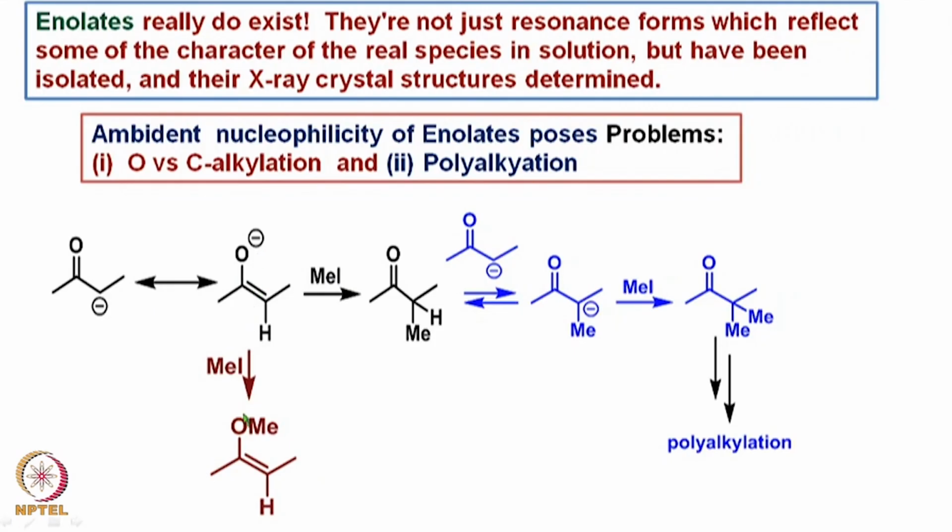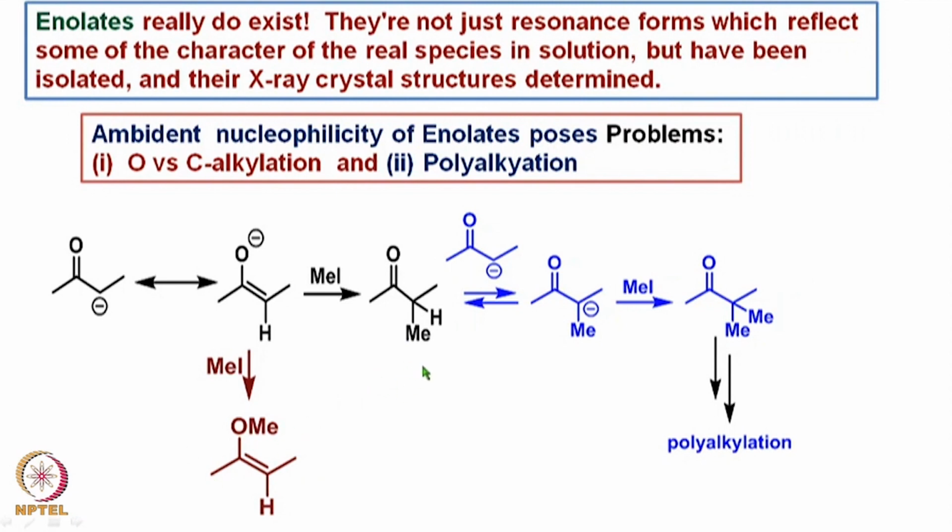So if O alkylation of this enolate takes place, then of course we get the corresponding enol ether. And if C alkylation takes place, then we get an alpha alkylated ketone, like in this case we have an alpha methylated ketone.